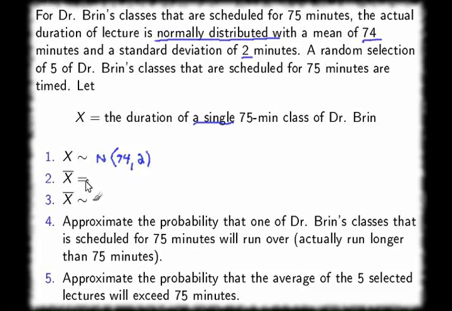X bar, that is, the distribution of the averages, is what? It's the same thing as X, only we have to throw the average in there and the fact that we have a sample size of 5.